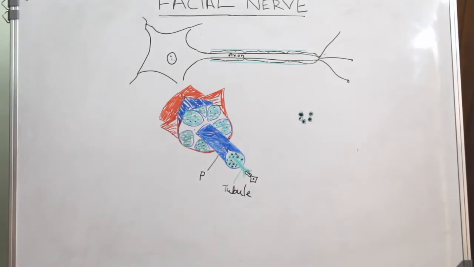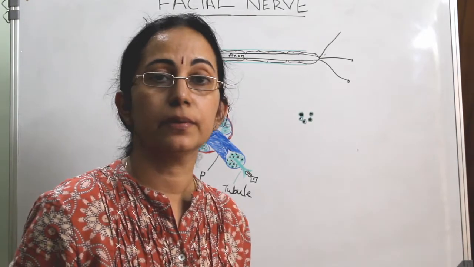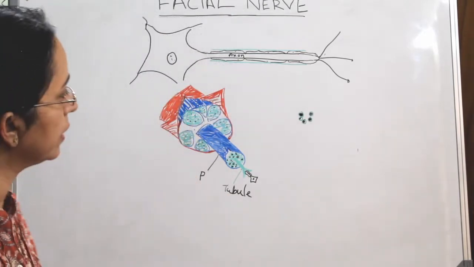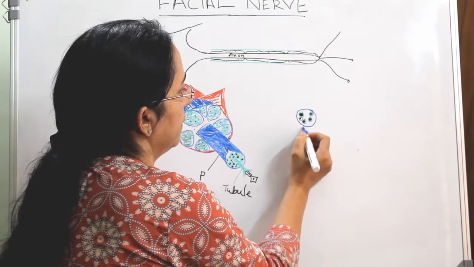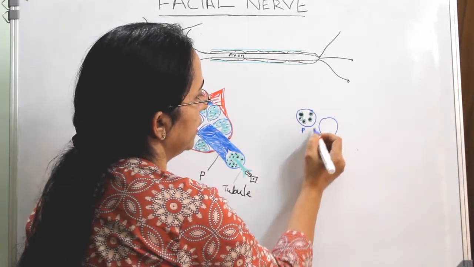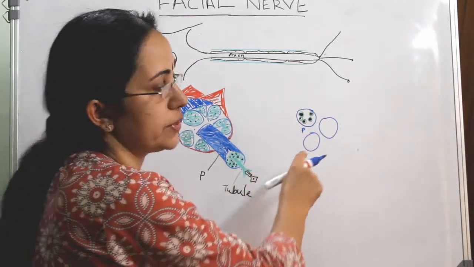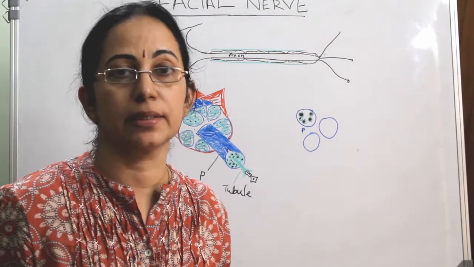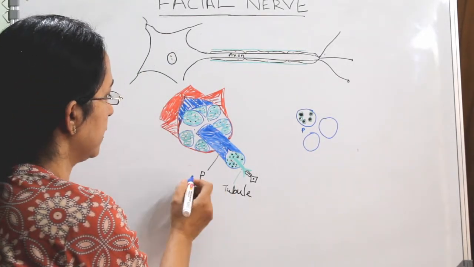So outside the endoneurium covering is called a tubule, and so many nerve tubules are covered by a perineurium. And there will be more than one perineurium. Each one of these is called a nerve fascicle. So nerve tubule, then comes a fascicle.